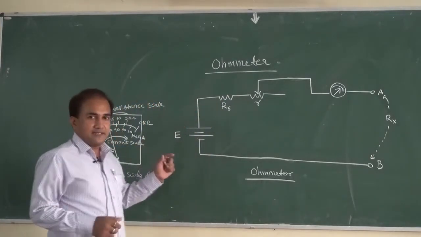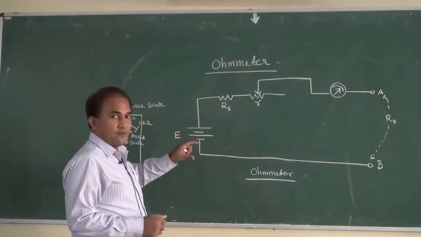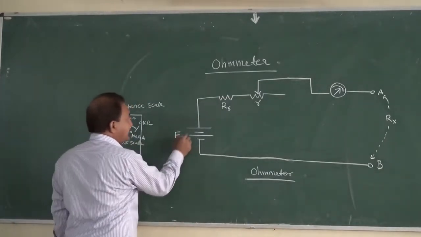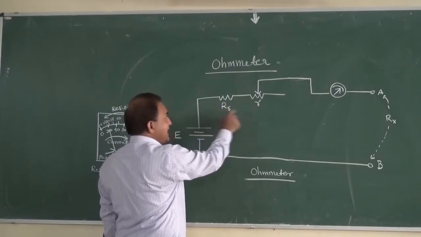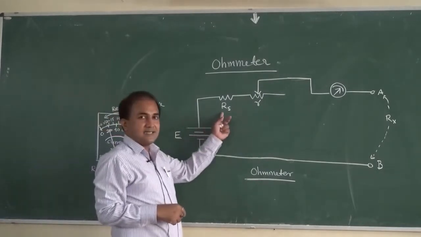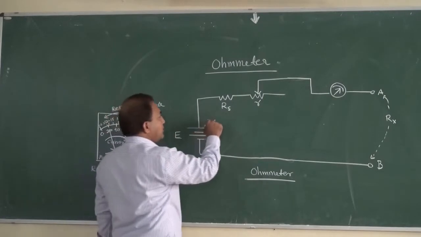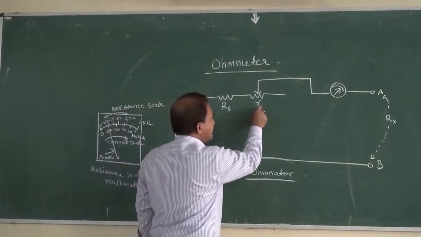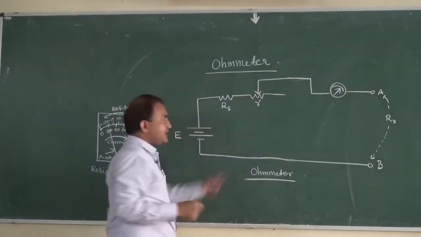So in ohm meter, here is the circuit diagram of ohm meter. The battery is connected in series with one series resistor, and this is a variable resistor. So what is the use of the series resistor? Series resistor is used to limit the current, and this variable resistor is also known as zero adjustment resistor.